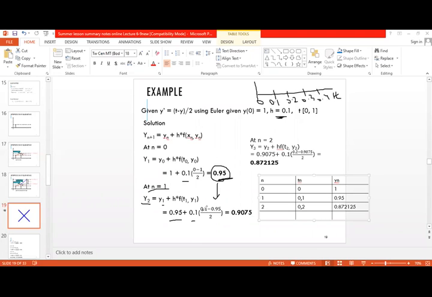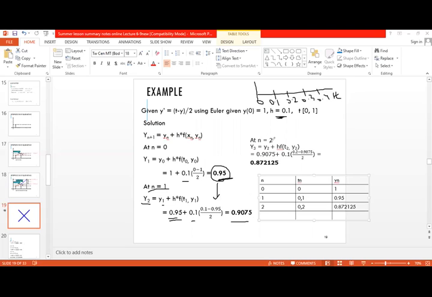When you do this calculation, you get negative 0.85 divided by 2, which should give us 0.425, times 0.1 should give us 0.0425, plus 0.95 should give us 0.9075. So this is the second approximation.